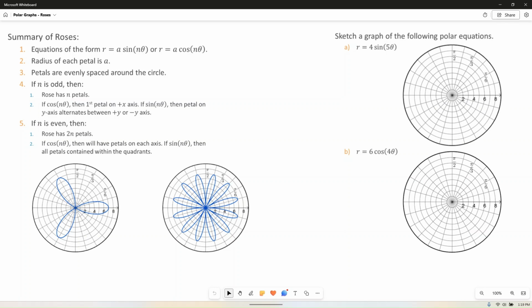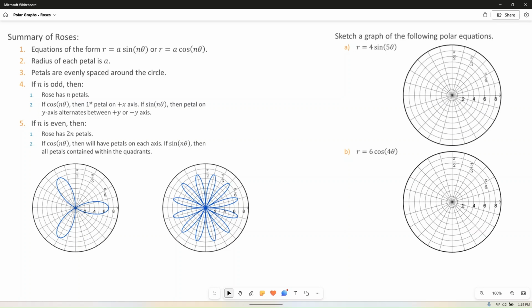Okay. If n is even, then the roses will have double that amount. So the roses will have 2 times n petals. If it's cosine, however many petals there are, 4 of them will always be on the x and the y axes. Okay, one on each side, and top and bottom.